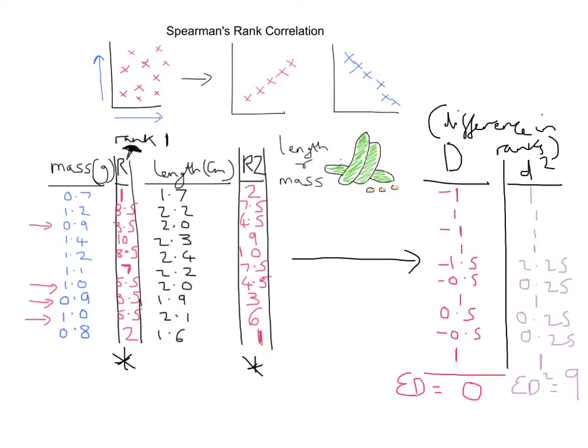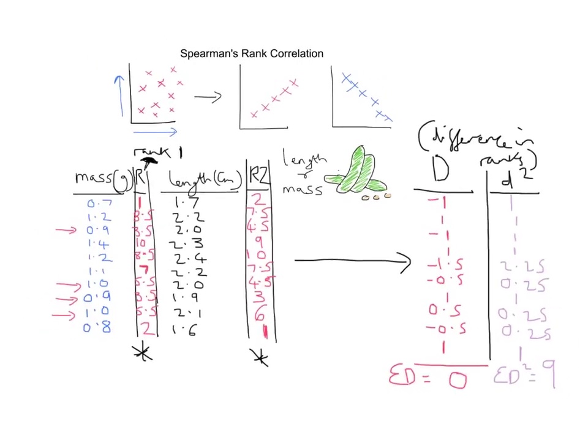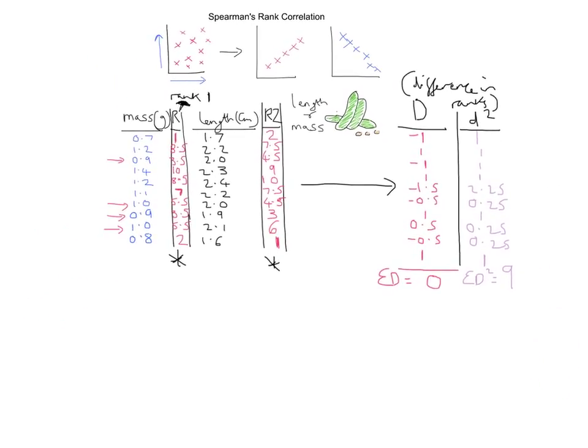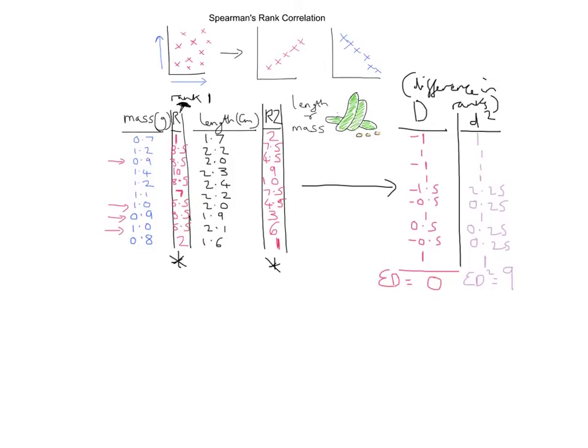So now I'm going to explain why we've done all of those rankings and differences. For this, we're going to shrink the screen just one more time and move it up to here.